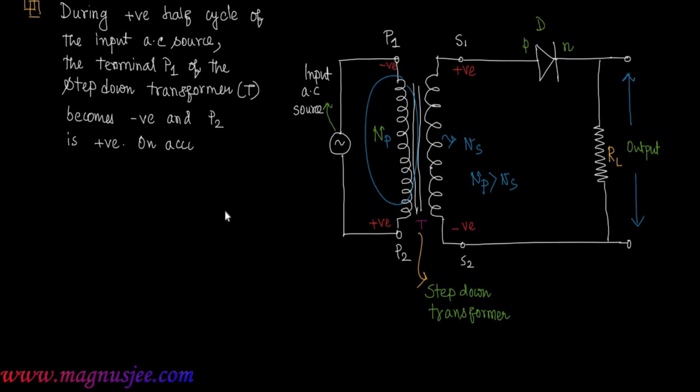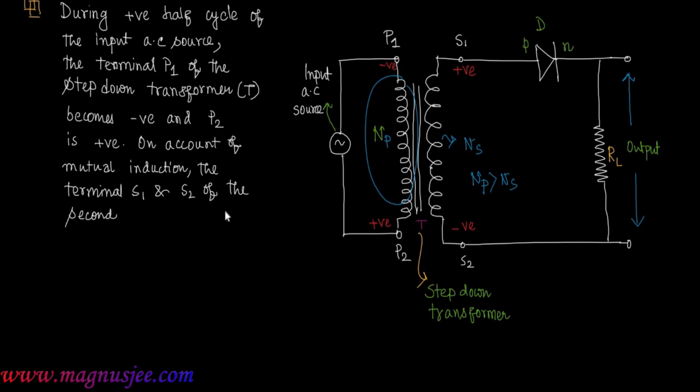On account of mutual induction, the terminals S1 and S2 of the secondary coil will become positive and negative, respectively.